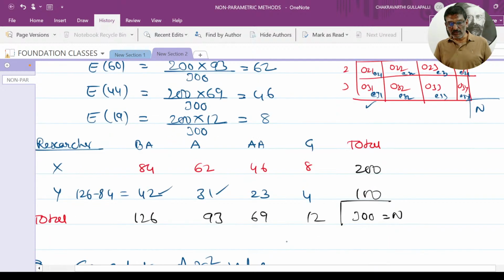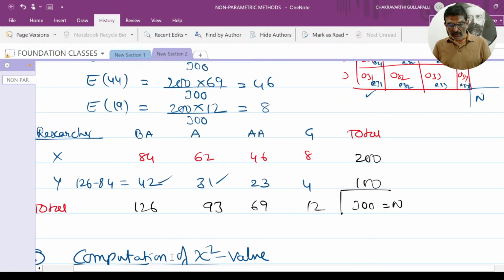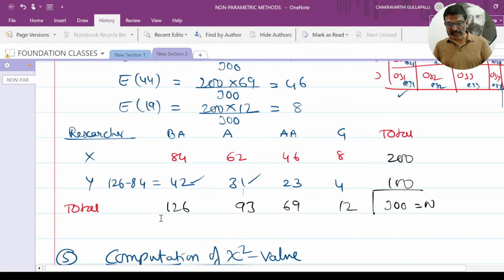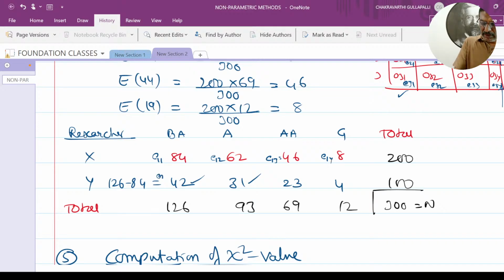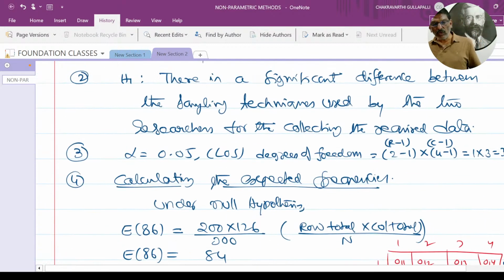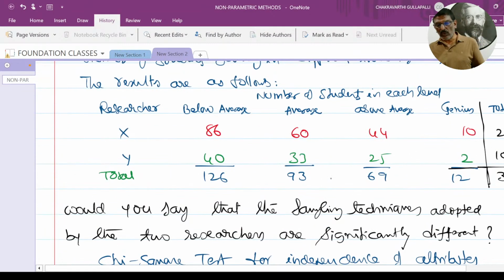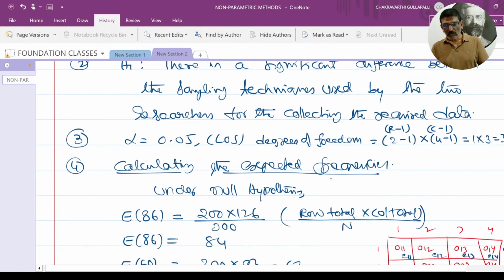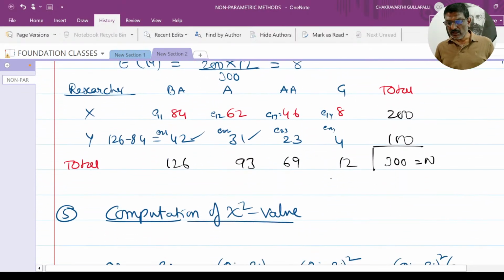Now these are all computed. This is called E11, E12, E13, E14, E21, E22, E23, E24, with corresponding O11, O12, O13, O14, O21, O22, O23, O24.